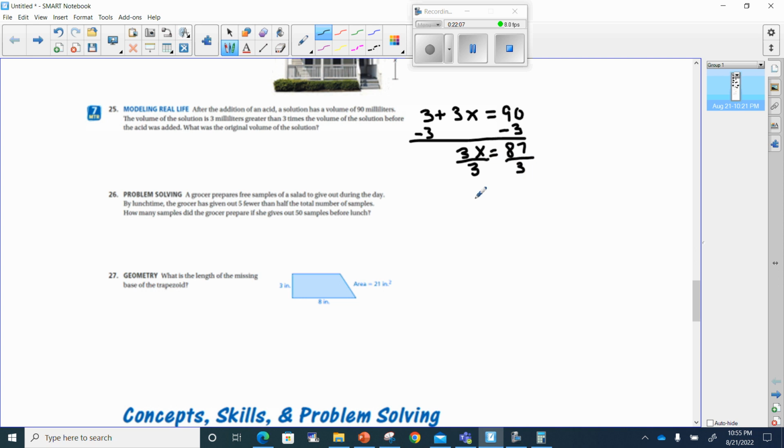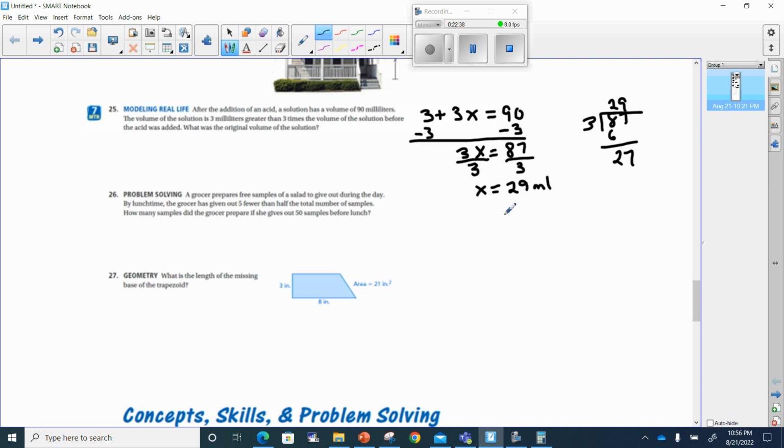X is by itself now, and 87 divided by 3 goes into 8 2 times. 3 goes into 27 9 times. So my answer is 29. Since it's asking for the original volume, I'm talking milliliters.